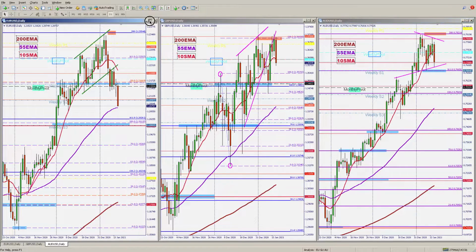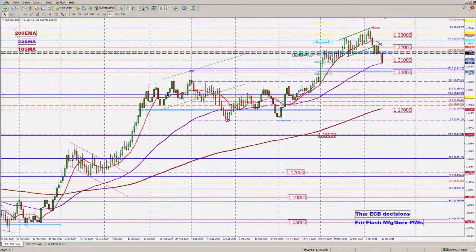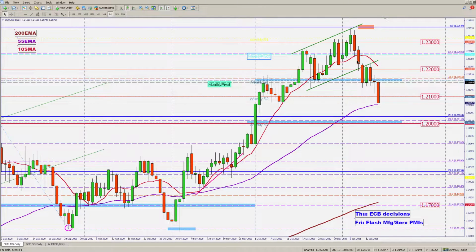Let's begin with the Euro, where after falling from the bullish channel on Tuesday, it pulled back to retest precisely, and then on Thursday continued to resume the bearish move after a pause, and then with a late fall towards the end of Friday as well, almost hitting the daily 55 EMA.